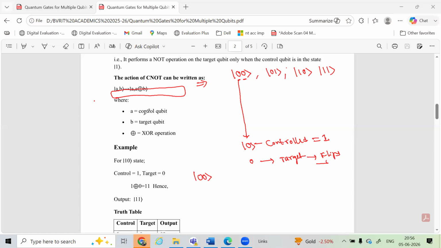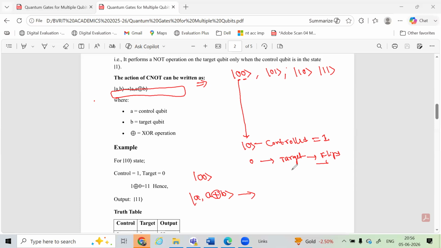The representation of the CNOT gate is like A, B. In this particular situation, A is the controlled qubit, and we are applying the CNOT. If the controlled qubit is 1, then the CNOT gate is applied, that is, a flip is possible.